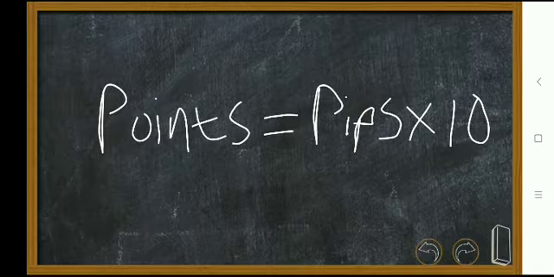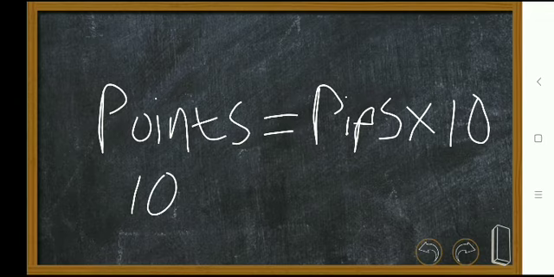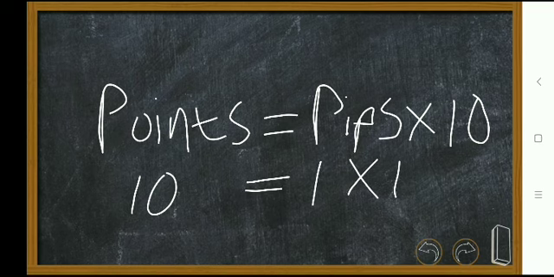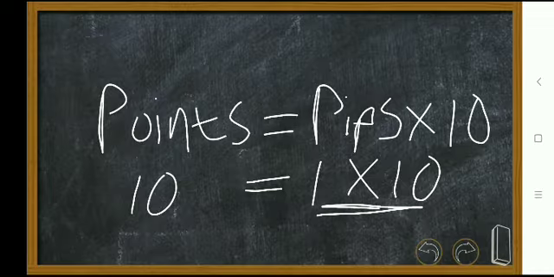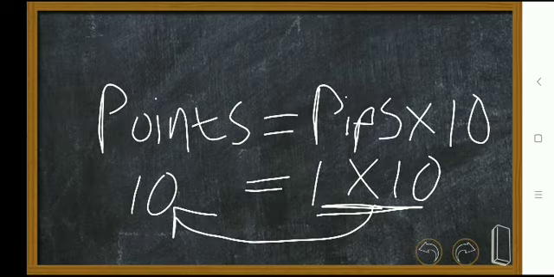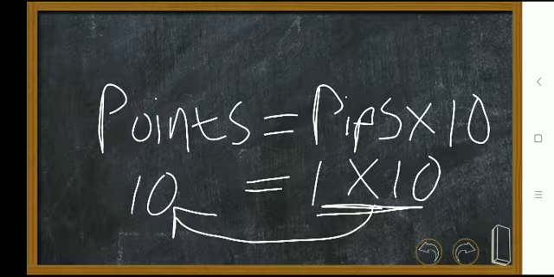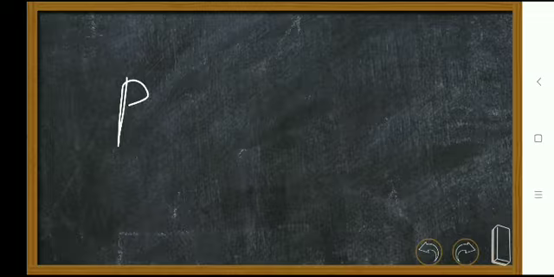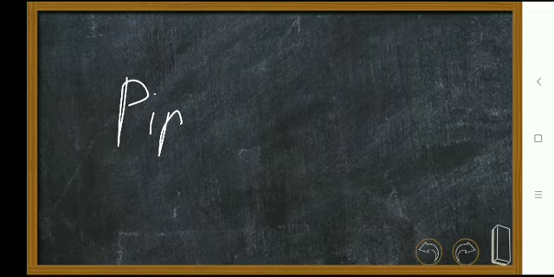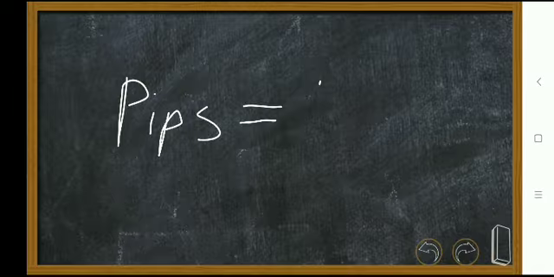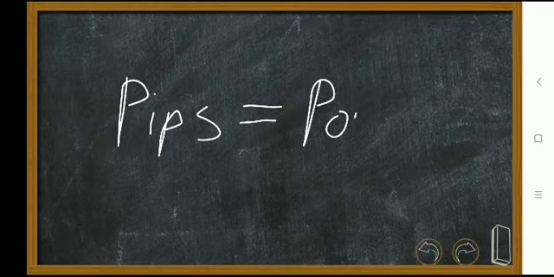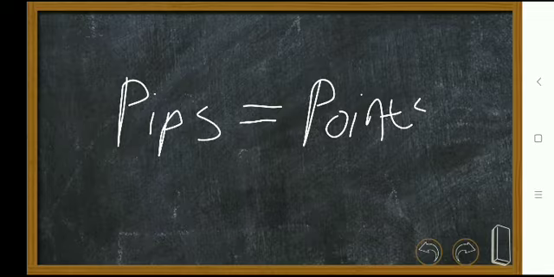That means if you have 10 points, that will be 1 pip multiplied by 10. This entire thing will give you this. Hope I'm making sense. Which will mean that pips are equivalent to points divided by 10.